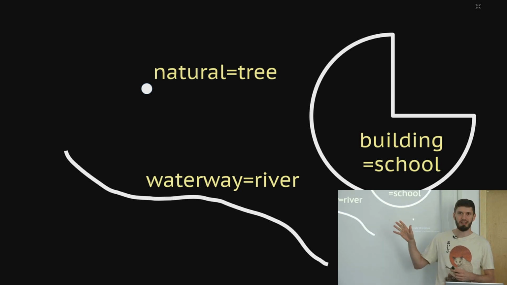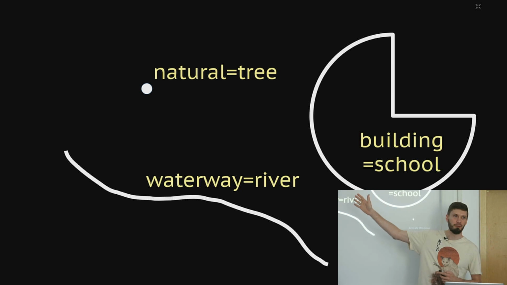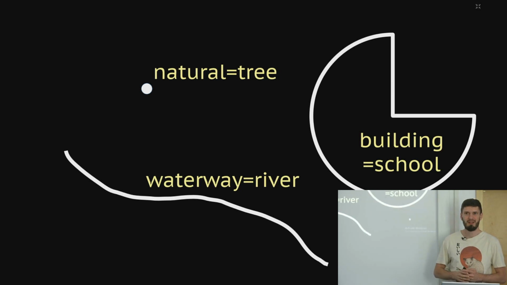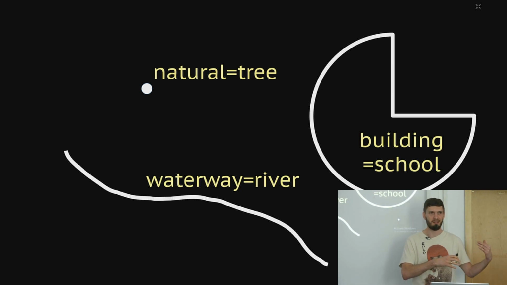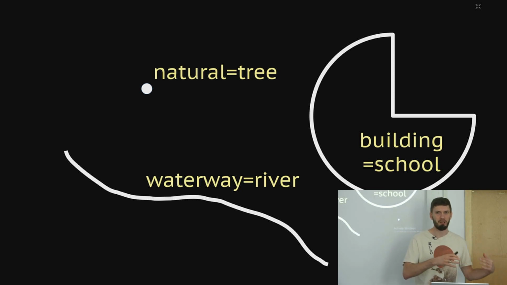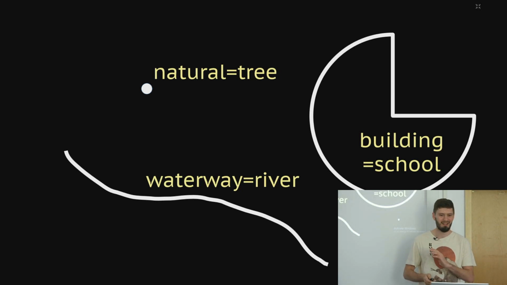It can be anything, but over the years, the community has settled on some commonly used tags, like natural=tree for trees, or building=school for a school building. Pretty easy, right? There's the OpenStreetMap wiki with hundred-mile long pages listing most commonly used values, so you'll be fine.